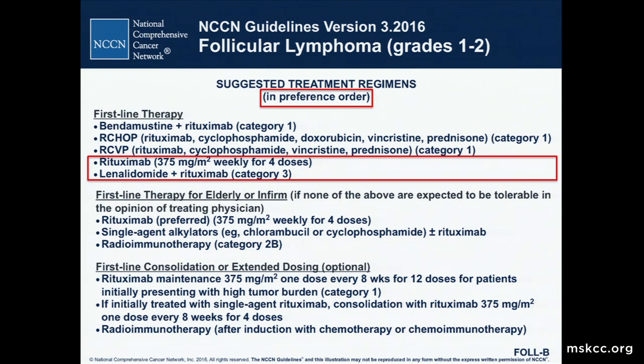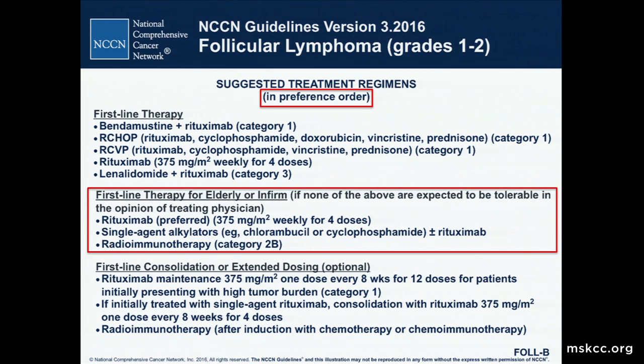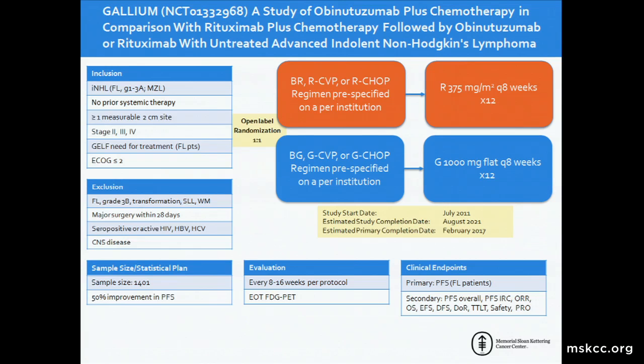But for follicular lymphoma, where we felt we had adequate data in large numbers of patients, for rituximab lenalidomide, we said we need the results of relevance. But we also had to have options for patients who wouldn't be eligible for conventional treatment, either the elderly or infirm patients, and we have recommendations. Again, this is based on phase 2 data.